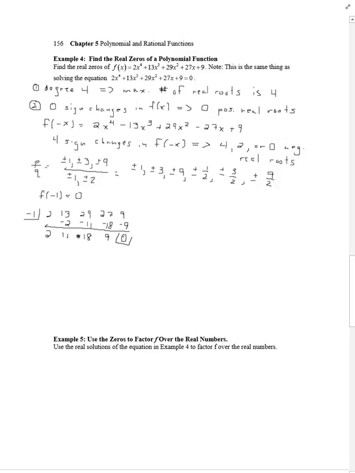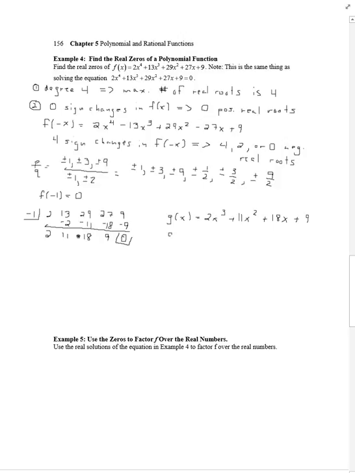So we might as well try another one. So if I plug -3 back in, and I don't have to plug it into the original, I can plug it into, let's call what we have now g of x. So g of x is 2x cubed plus 11x squared plus 18x plus 9.